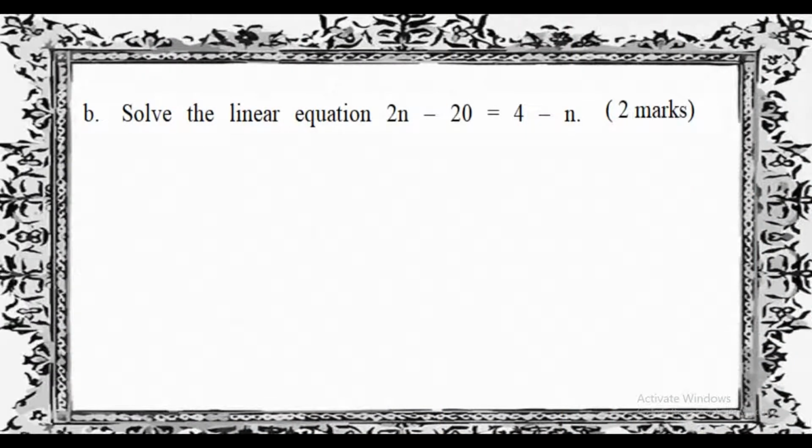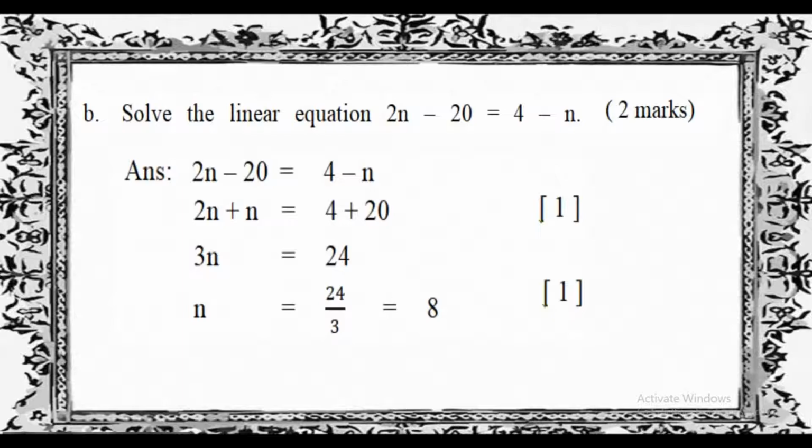Solve the linear equation 2n minus 20 equal to 4 minus n. Let's try to solve this equation. In the first step, let's take the variables together and the numbers together.